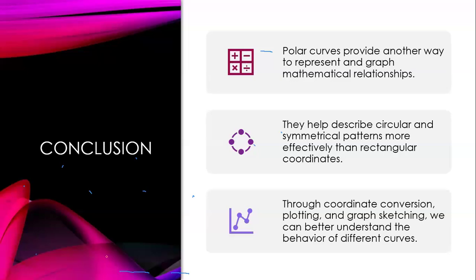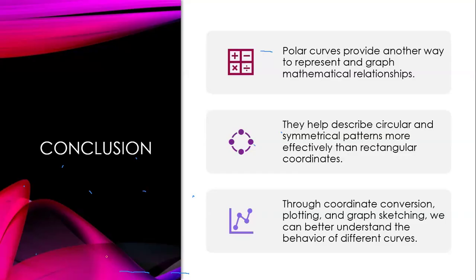Now that brings us to the end of our presentation, and we have 3 points to conclude. The first one being, polar curves provide another way to represent and graph mathematical relationships. Second point, they help to describe circular and symmetrical patterns more effectively than rectangular coordinates.